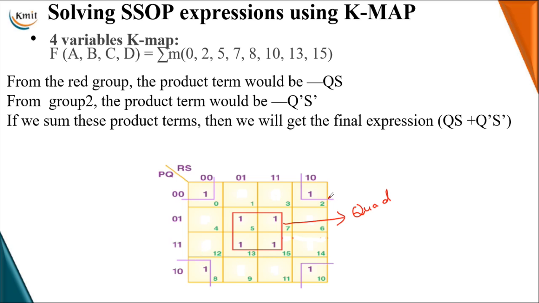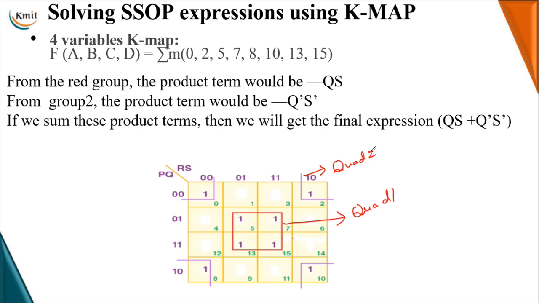So that is group 2, which can also form a quad. Quad 1 is formed by minterms 5, 7, 13, 15. Quad 2 is formed by 0, 2, 10 and 8.